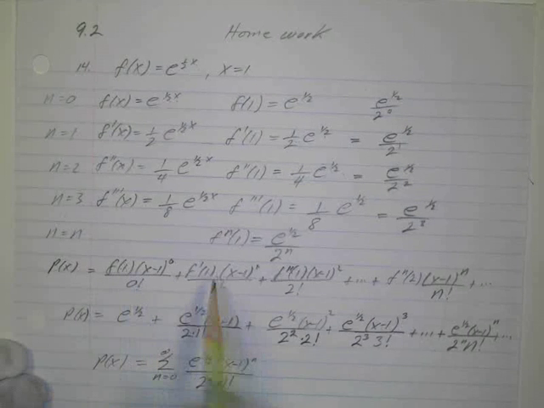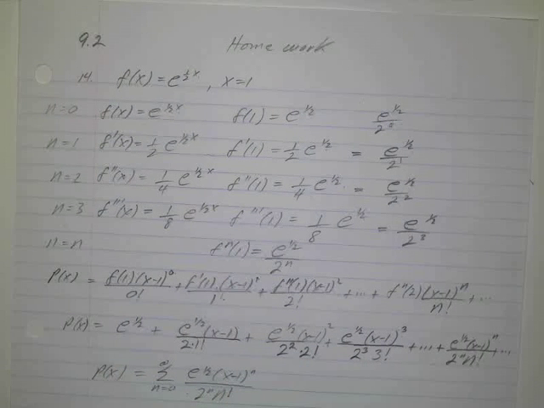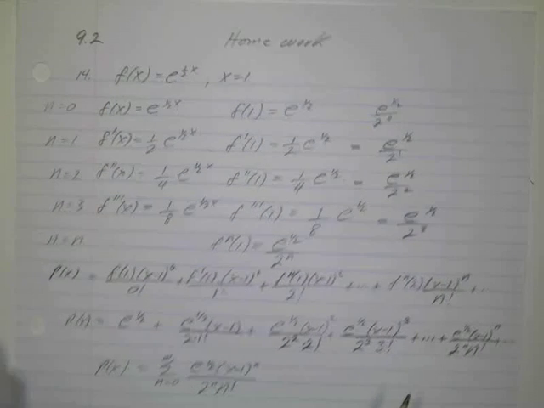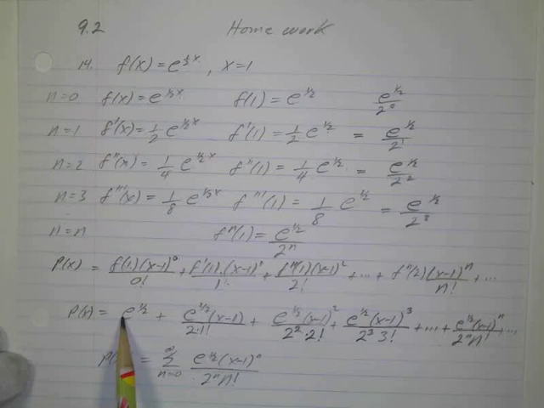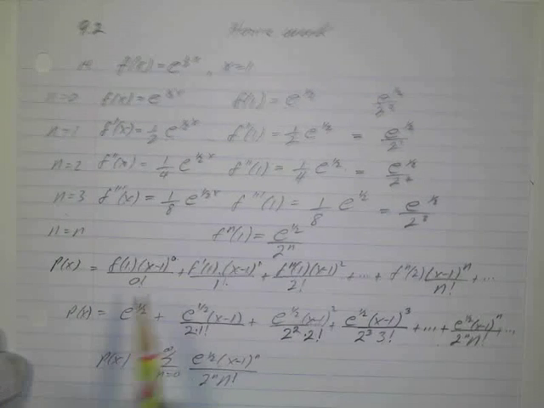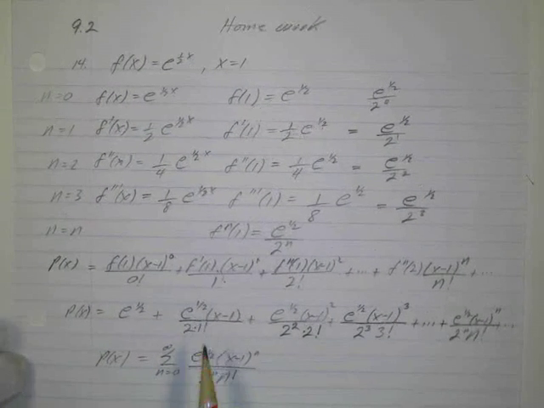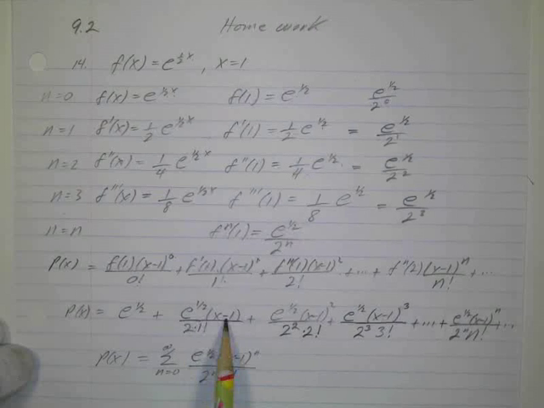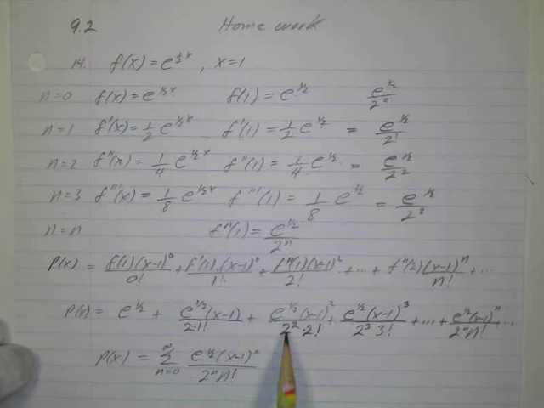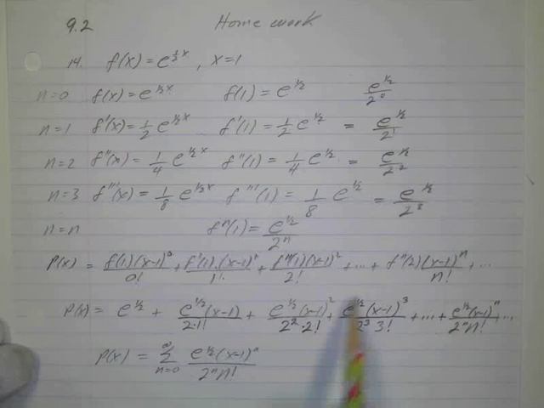So here's my Taylor series that I wrote out. This was just e to the 1/2, then e to the 1/2 over 2 times 1 factorial, there's the 1 factorial and there's the 2, then 2 squared.